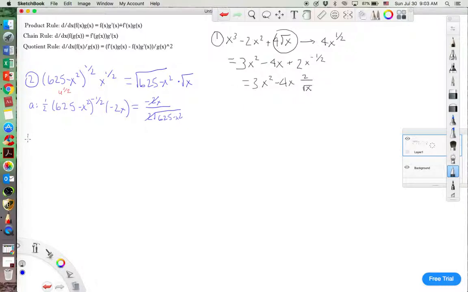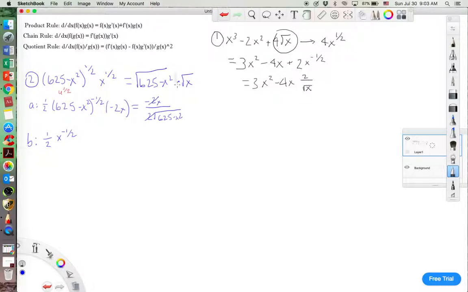Okay, so let's find the second part. We're going to apply the product rule now. That means we're going to take our 1/2 x to the minus 1/2, that's this part here, and we're going to multiply that. So we've got, in our product rule, f of x times g of x. Doesn't matter which is f of x, which is g of x here. So we're going to take f of x times the first derivative of g of x, and we're going to add to that the first derivative of f of x times g of x.